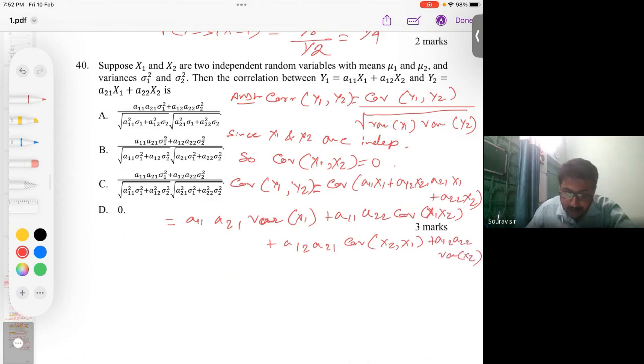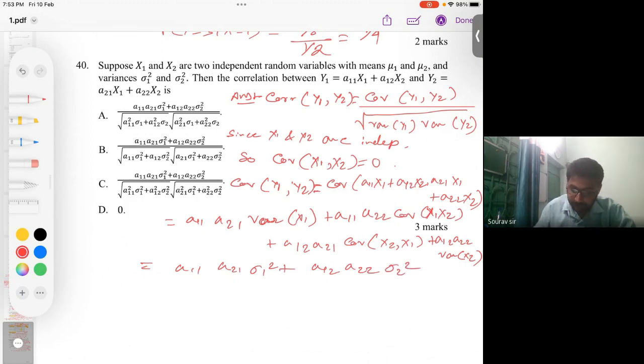If we expand, we will find this result. Then let's put in the formula. We know that the covariance value will be 0. So the final value will be a11 a21 sigma 1 square plus a12 a22 sigma 2 square.